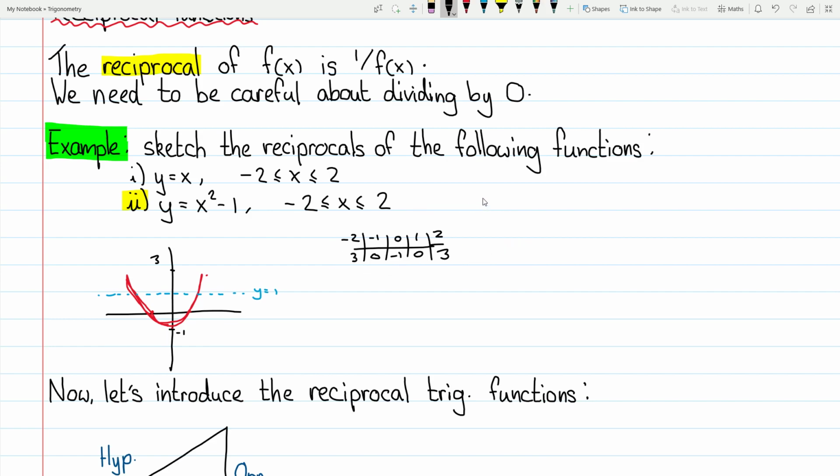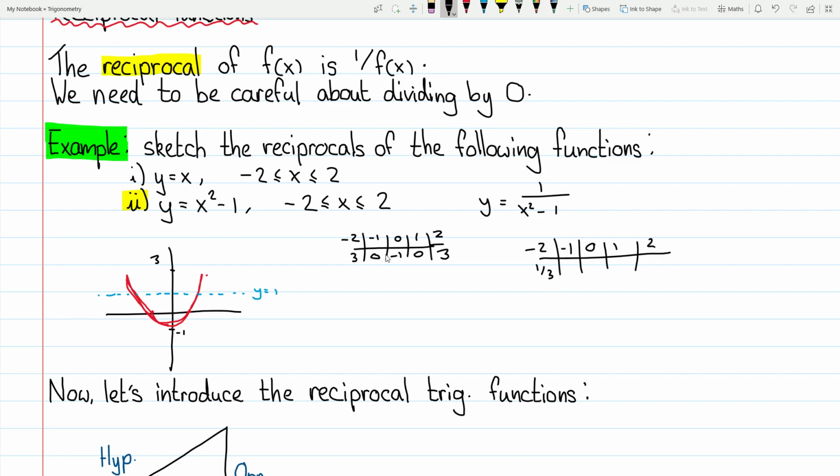Well, if I now look at the graph y equals 1 over x squared minus 1, and we do the same table, so this is going to be minus 2, minus 1, 0, 1, 2. Well, when we input the bottom, this is just going to give us 3, but then 1 over 3 is going to be a third.